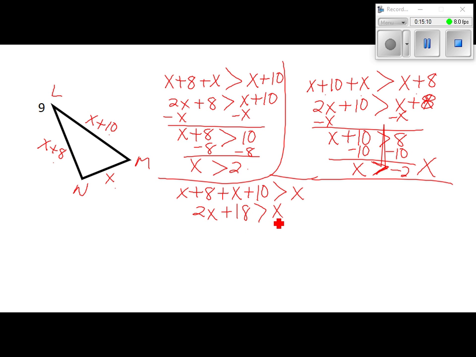Subtract x on both sides and you end up with x plus 18 is greater than 0. Subtract 18 on both sides and you end up with x is greater than negative 18. Well, again, same idea. If x is greater than 2, then we for sure know x has to be bigger than negative 18. So the best that we can know on this is x has to be bigger than 2.